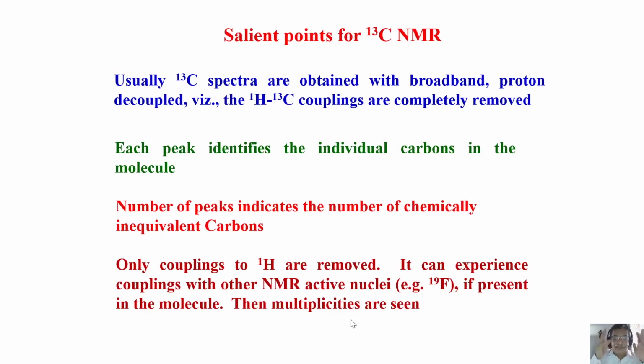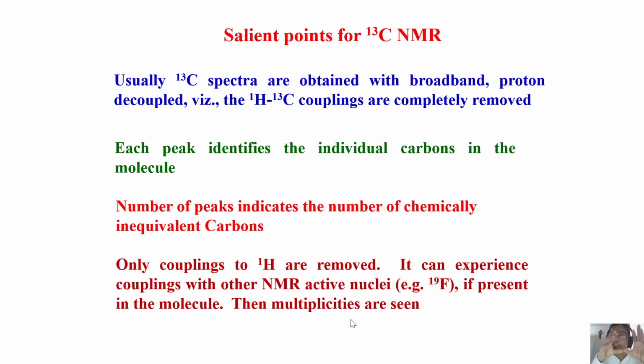With present-day spectrometers, you can do decoupling of one nucleus, or two nuclei simultaneously. Many things are possible. So I can decouple one nucleus at a time. All protons can be decoupled from carbon. I can get proton-fluorine, carbon-fluorine, phosphorus-carbon, all couplings I can see.